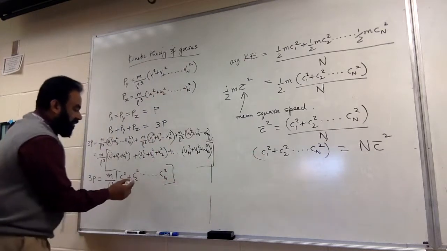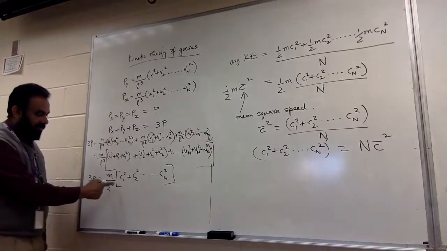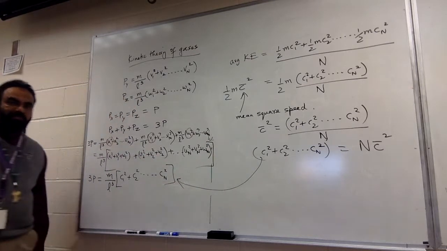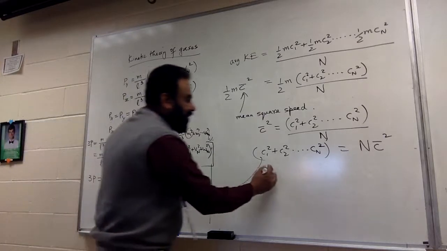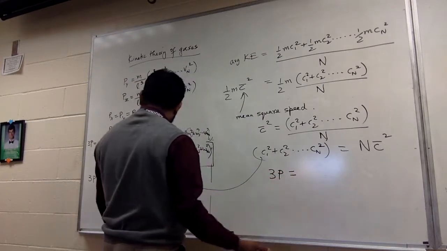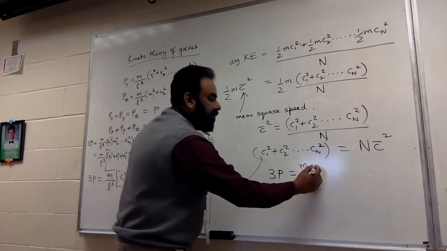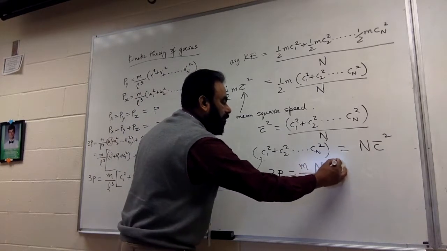So I'm going to substitute this here. So what will happen to this equation? 3p is equal to m over L cubed times n C bar square.